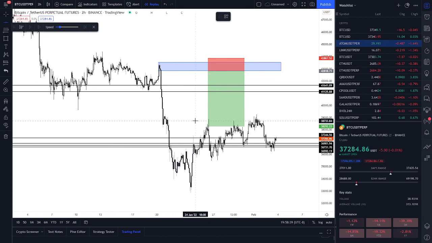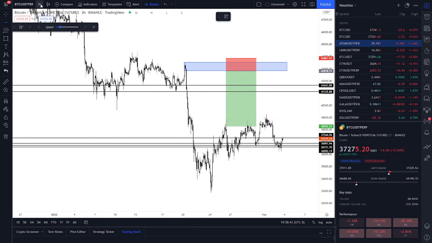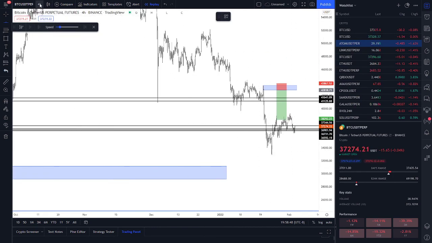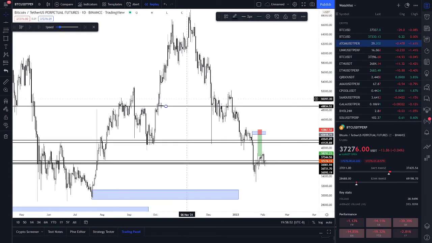It's going to be a scalp, right? So you'll have to look back to see areas of support. And probably there.